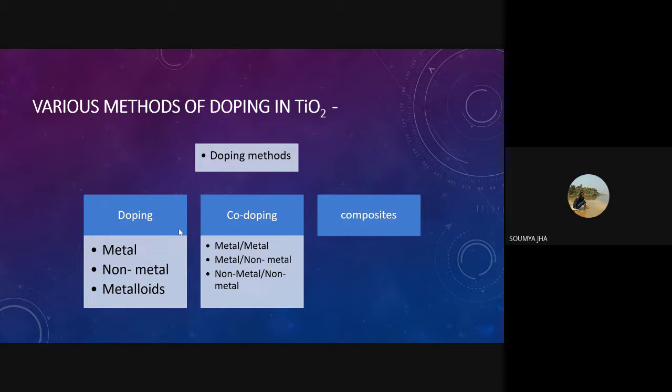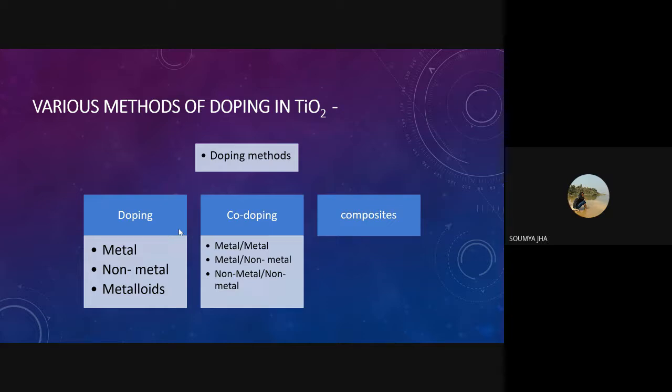And another type of doping method is the composite method, in which two different types of materials are conjoined, where both materials have different physical, chemical, and thermodynamical properties.